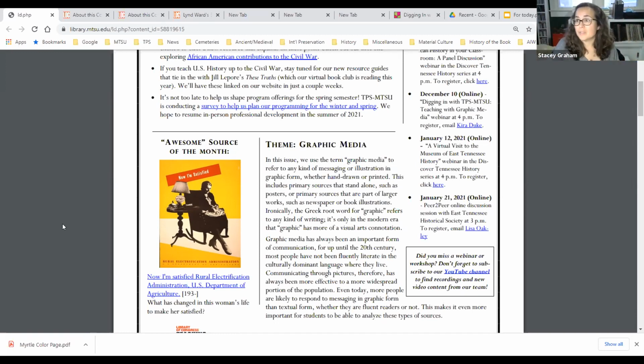Over the different eras of history, of course, the technological formats for producing graphic media have changed, so you can use it to talk about technological developments. Graphic media usually ties in very closely with popular culture and consumerist culture and propaganda too. So there are all sorts of socioeconomic issues that you can talk about with this type of primary source. But the best thing about graphic media is your students like it better than text for the most part.